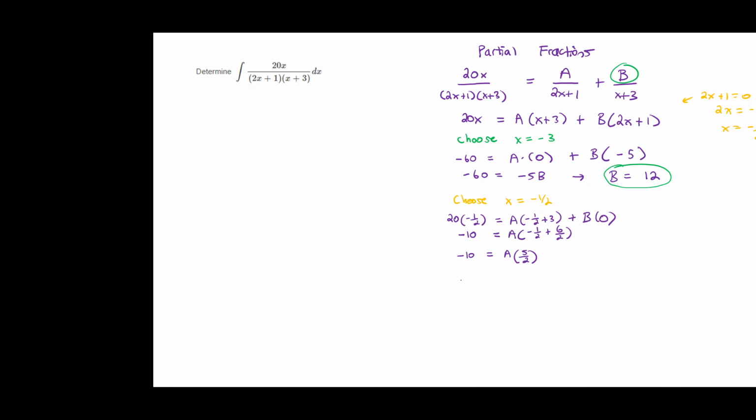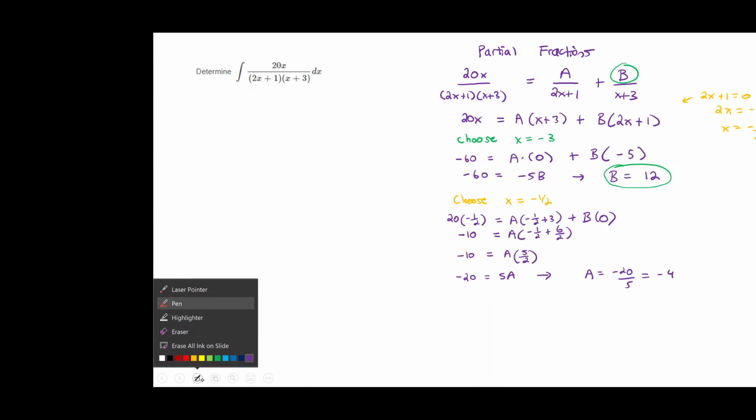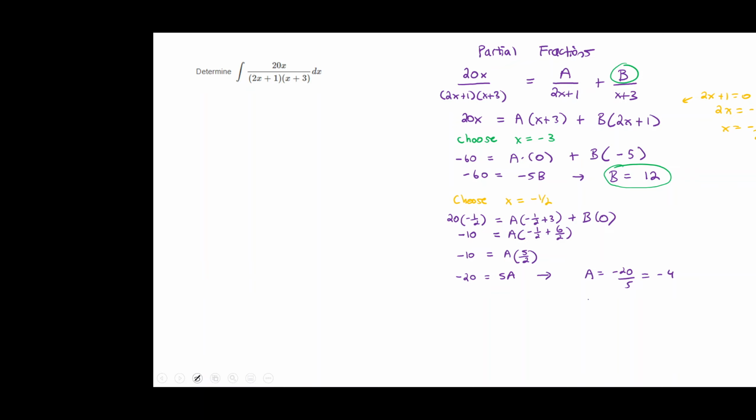Then cross multiply by 2, so negative 20 is equal to 5a. And that means, divide both sides by 5, a is negative 20 over 5, which is negative 4. Okay, so we have our value of a.